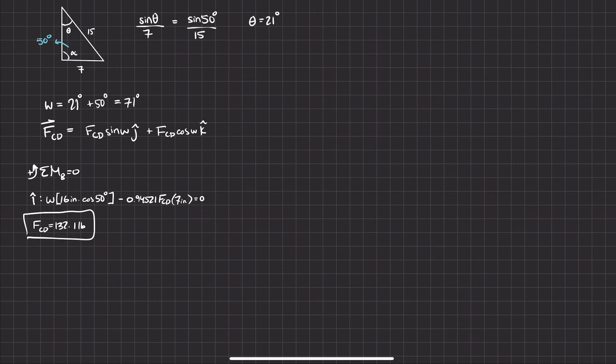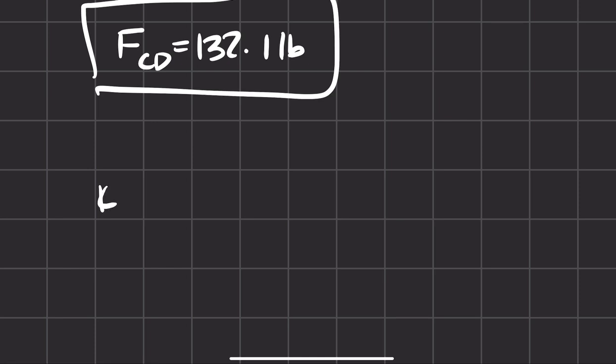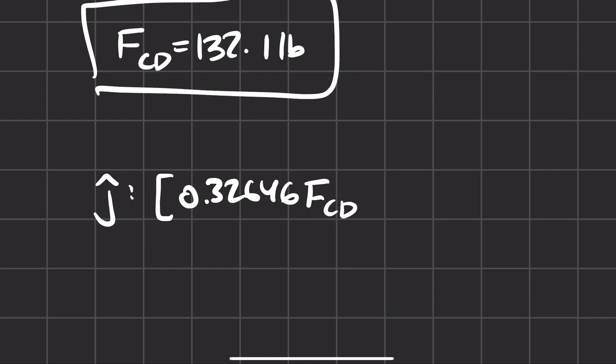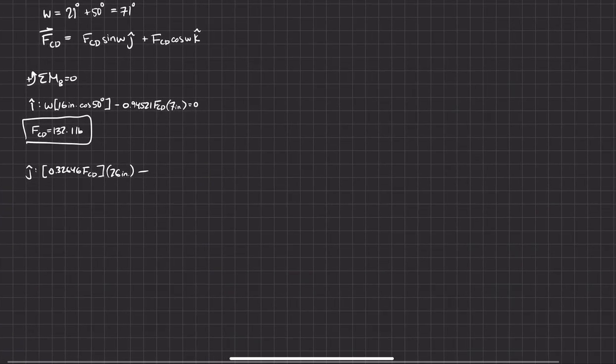And this time, we already found FCD, so our J component of the equation will have 0.32646 FCD times 26 inches, minus W, minus A of Z 26 inches set equal to 0.